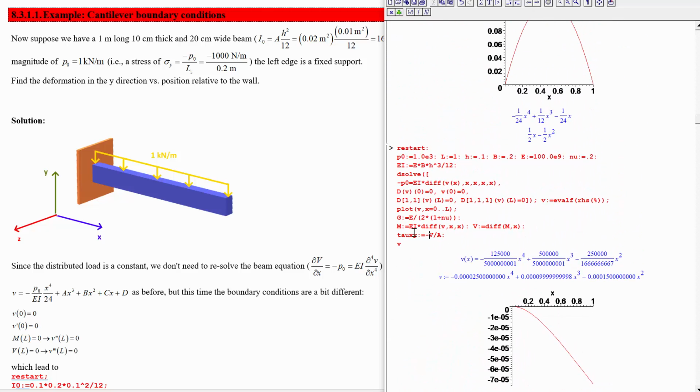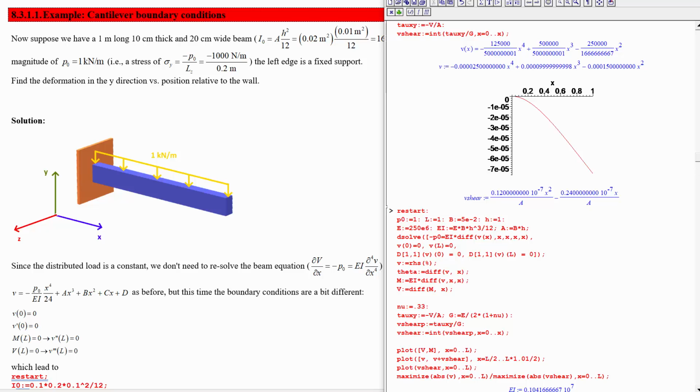Okay, so tau xy is negative V, because V was directed downwards, over A. And then we can figure out what V shear is by taking this tau xy and dividing it by G, and then integrating this from x is 0 to x.